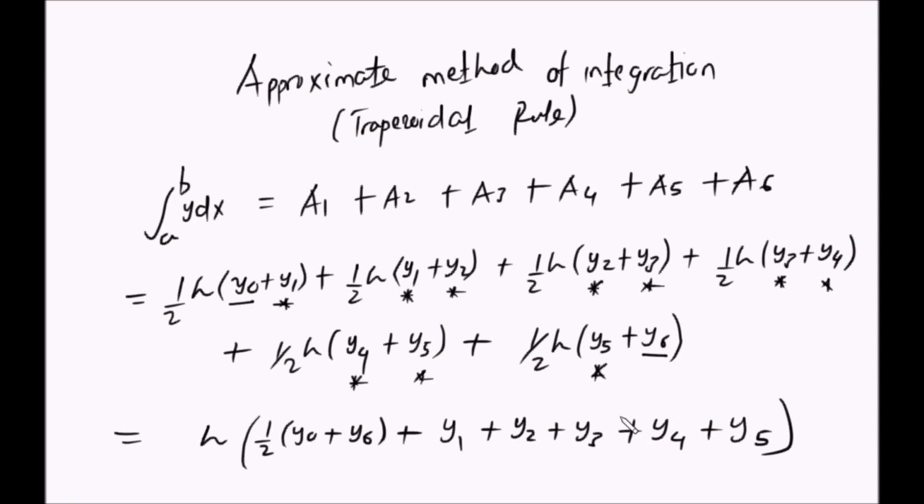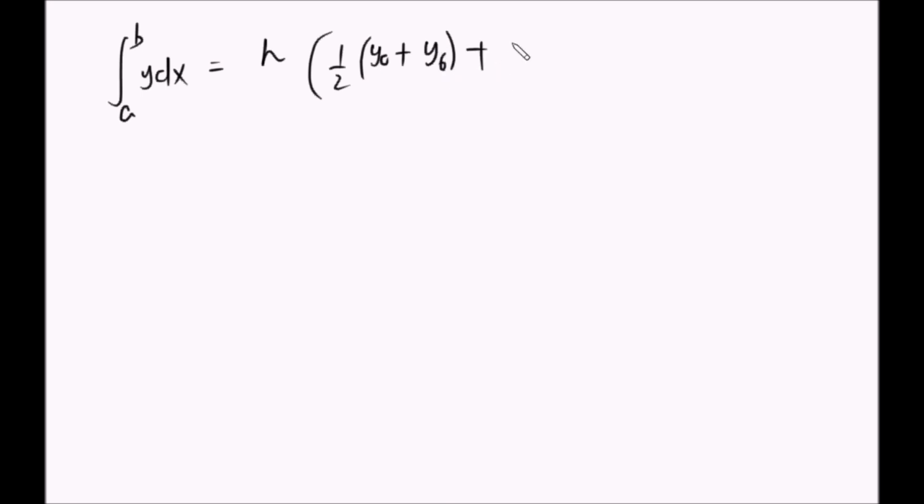Let me start a fresh page. We have seen that by trapezoidal rule, this integral will only be given by h 1/2. So y0 plus y6, y6 is the ya mwisho, ile strip ya mwisho, plus hizi zinazobakia sasa.